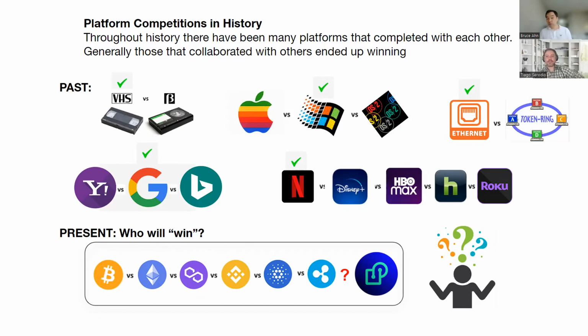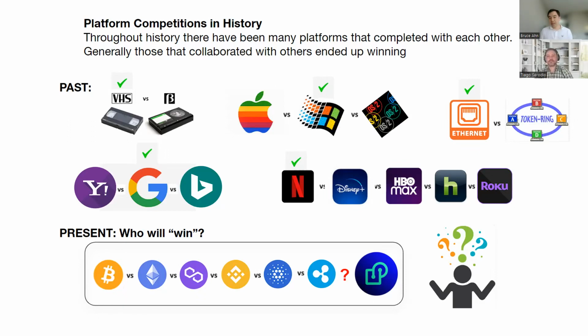Fast forward to 2000, and then going on to 2010, you had the search engine wars: Yahoo versus Google versus Bing, et cetera. And these days you have the streaming wars. Netflix was in battle with Roku and Hulu, and then Disney is coming up, and then HBO Max is coming up.